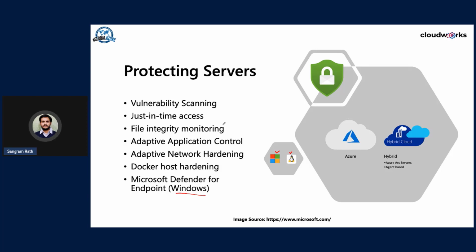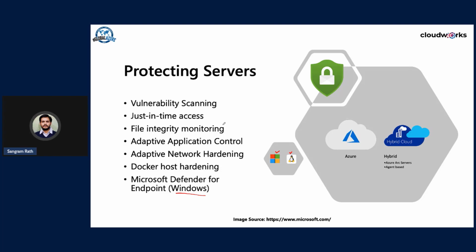So again, protecting servers supports hybrid scenarios. That's the reason I've made those images there to show you what protects what. For hybrid scenarios, the recommended approach to onboard your virtual machines or servers is obviously Azure Arc, but you can also use an agent-based mechanism to onboard non-Azure virtual machines, and that requires a Log Analytics workspace and agents around that.